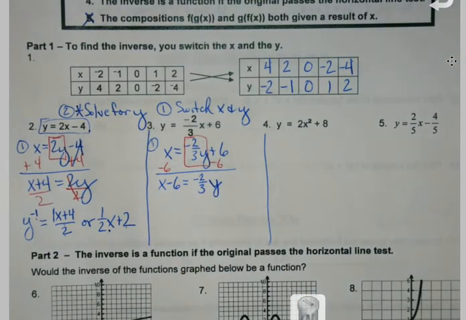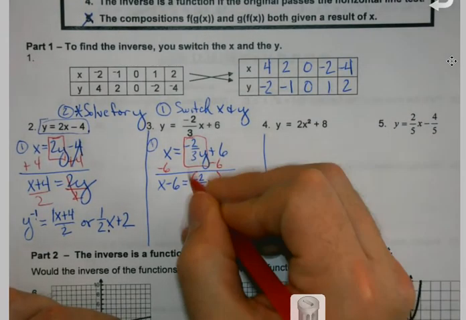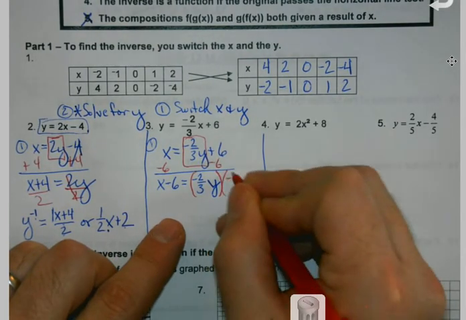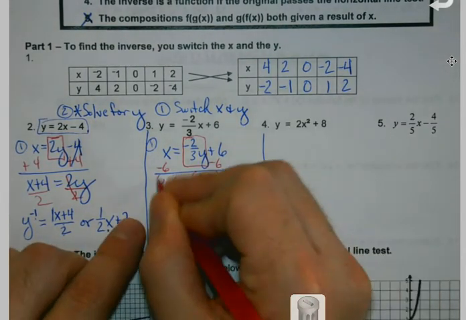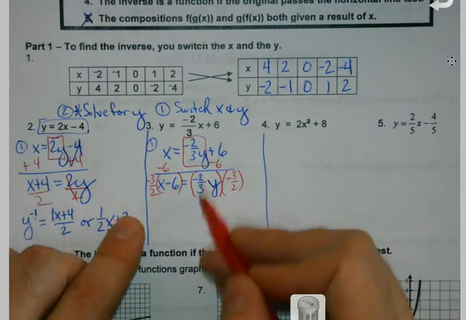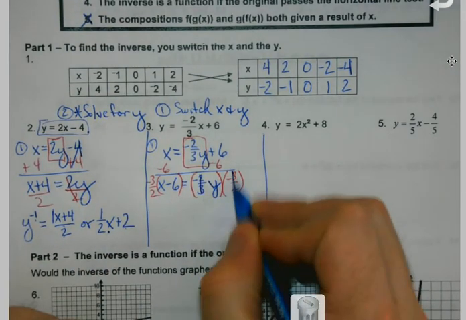Now some of you are more comfortable multiplying both sides by 3, getting that worked out, and then dividing by -2. And that's fine. But the quicker way would be to multiply through by the reciprocal. I wish I had more room next to my equals, but I'm going to put it over here instead. Basically, I'm just flipping the fraction over, because then those will cancel each other.